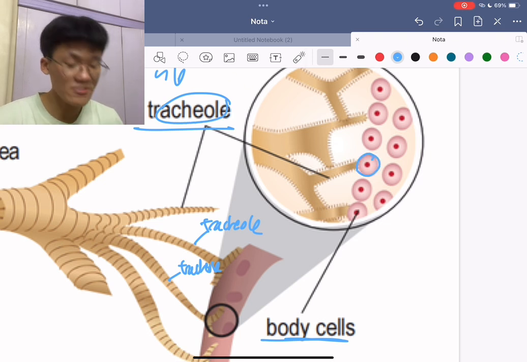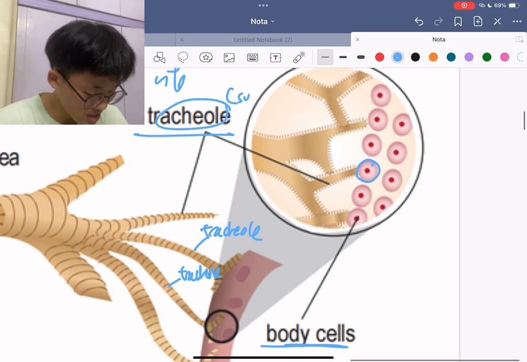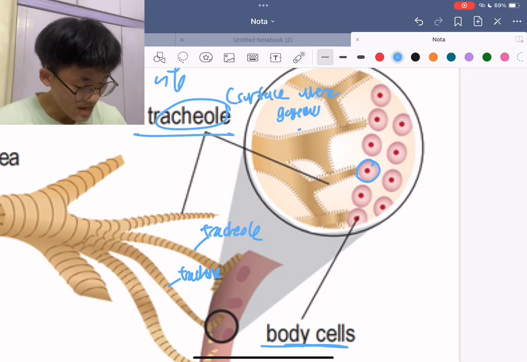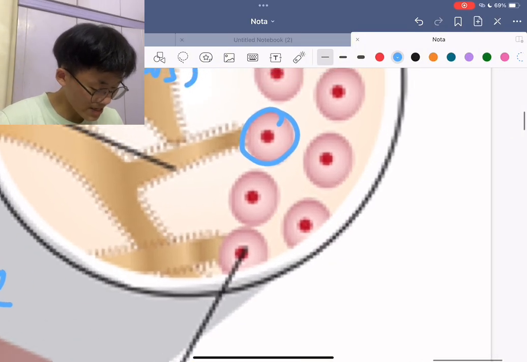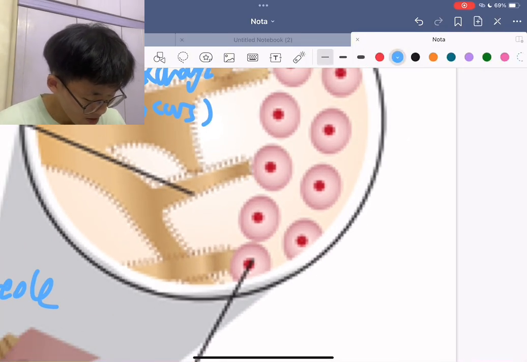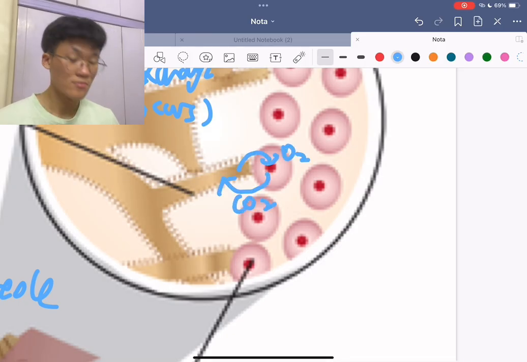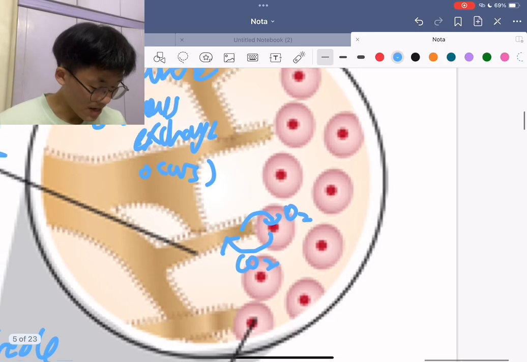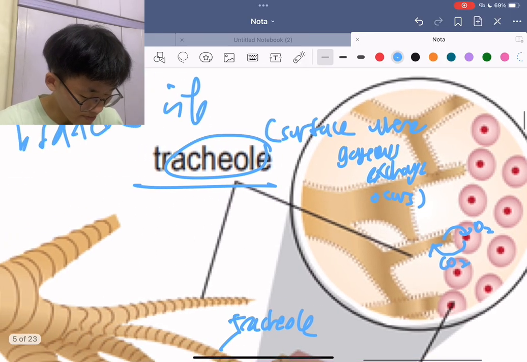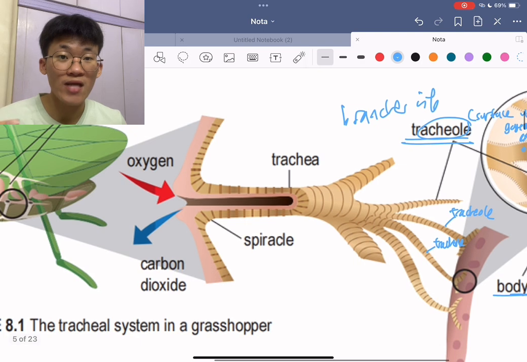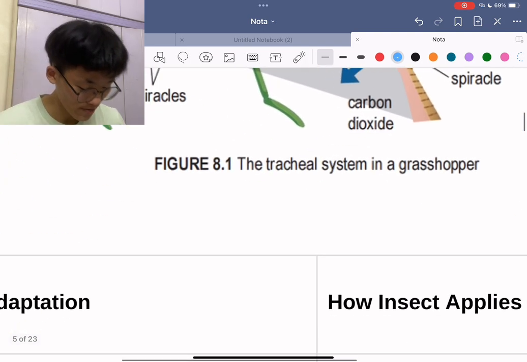So the tracheole is the respiratory surface, the surface where gaseous exchange occurs. Possibly this is the cell. From the tracheole, oxygen goes in and CO2 goes out. Can you get me? So how does the tracheole need to be adapted to optimize the gaseous exchange?